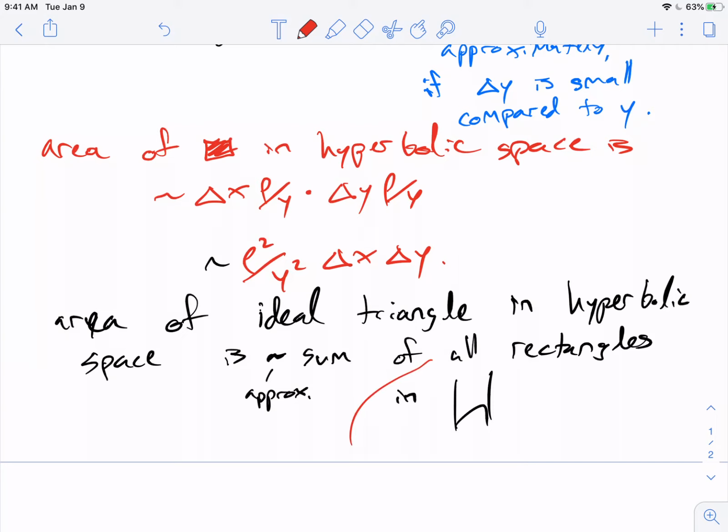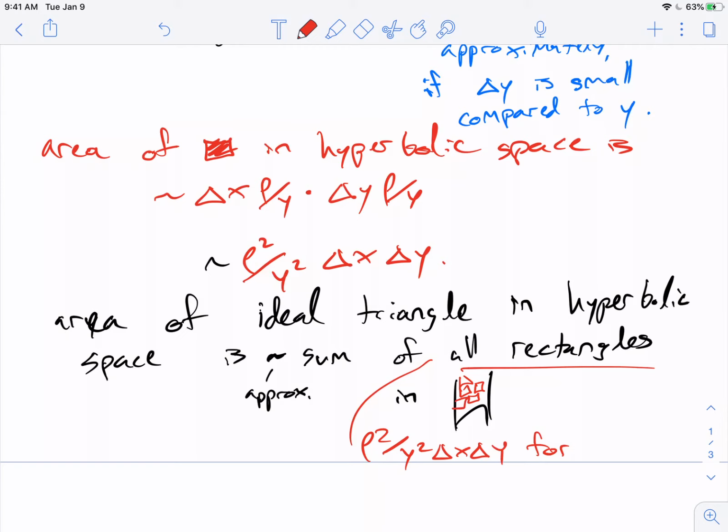So I'll say it this way, the sum of rho squared over y squared, delta x, delta y, for all the rectangles inside of here.